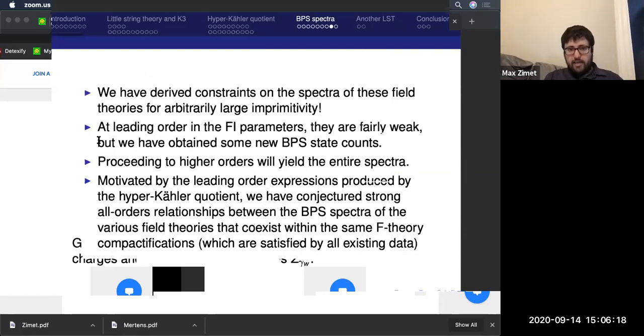At leading order in the FI parameters, we have some new constraints. They're fairly weak, but they did give us some new BPS state counts. But proceeding to higher order should then yield the entire spectrum, and not just of the CFT, but again, of the full little string theory also.